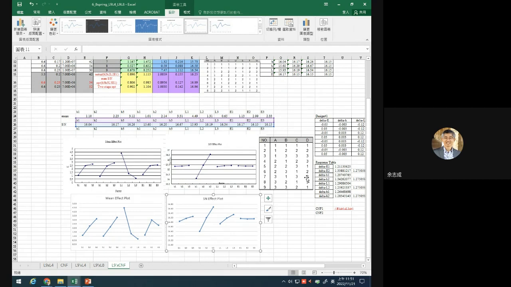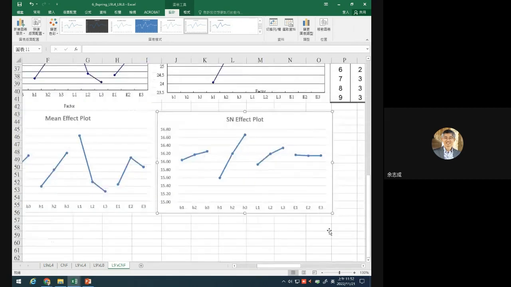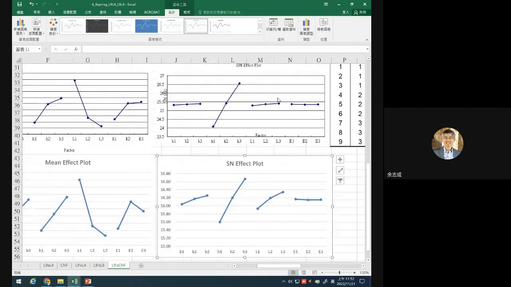The next step is to try to find the optimum design. And we go through two-stage optimization, remember? So let's go back to our selection. What will be our optimum? No matter which plot you use, let's look at the SN ratio first. Let's try to find a combination that will give us the largest SN ratio.